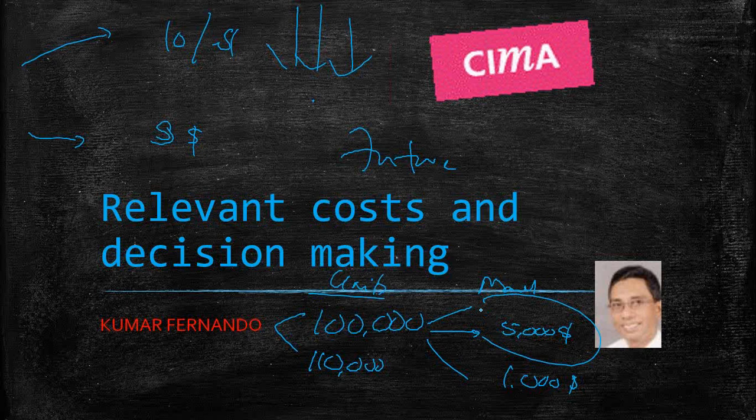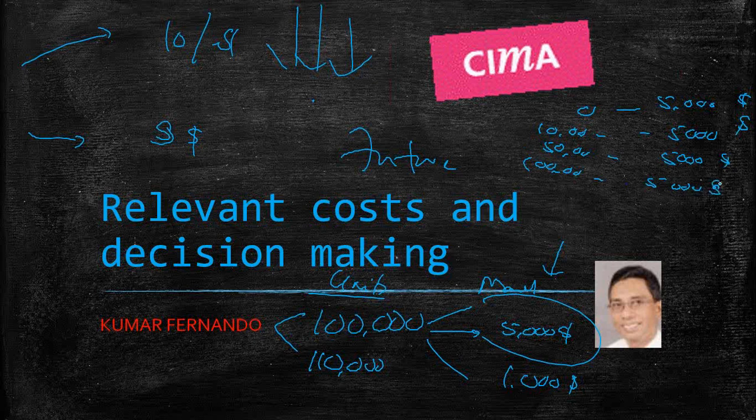100,000 is the sale, right? I told Sam, if you sell 100,000 units, I pay you $5,000 salary. If Sam sells 0 units, 10,000 units, 50,000 units, or 100,000 units, I pay $5,000 salary.